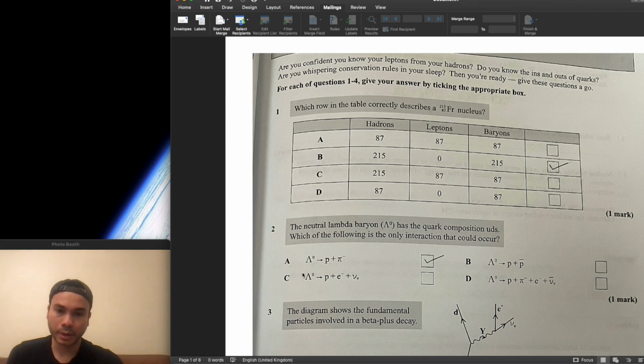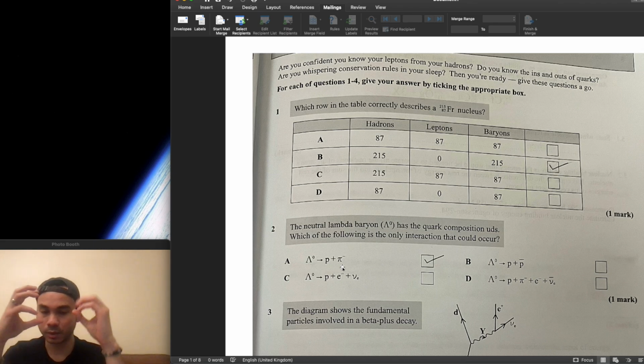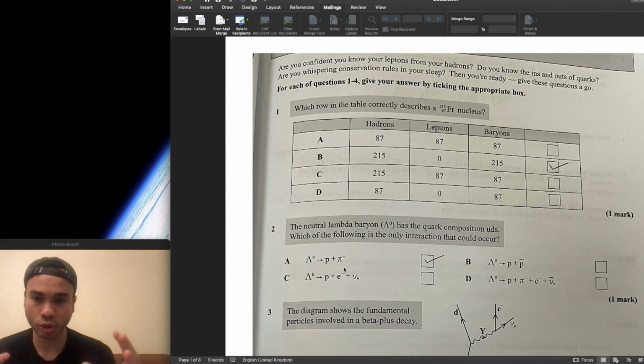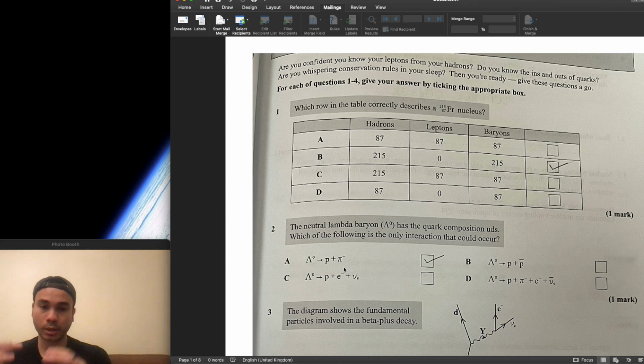Let's look at baryon numbers. +1 on the left, +1 on the right for the proton, and the pion has a 0 because it's +1/3 -1/3, they cancel out. And last but not least, the lepton number: 0 leptons on the left, so a lepton number of 0, and 0, 0 on the right, because both are hadrons and not leptons. So question 2 is a really good question to practice your conservation laws.